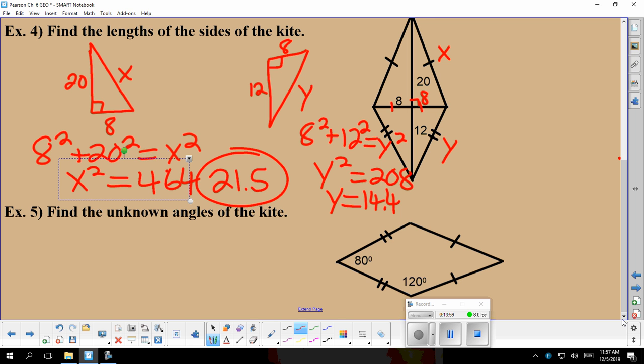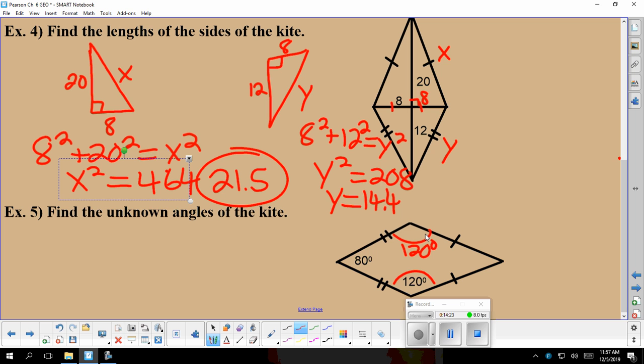All right. Let's identify the unknown angles of our kite here. So remember, we're still in quadrilateral. The sum of all the angles inside a quadrilateral always equals 360. For a kite, angles opposite the two sides that are not congruent are always congruent. So that is 120.